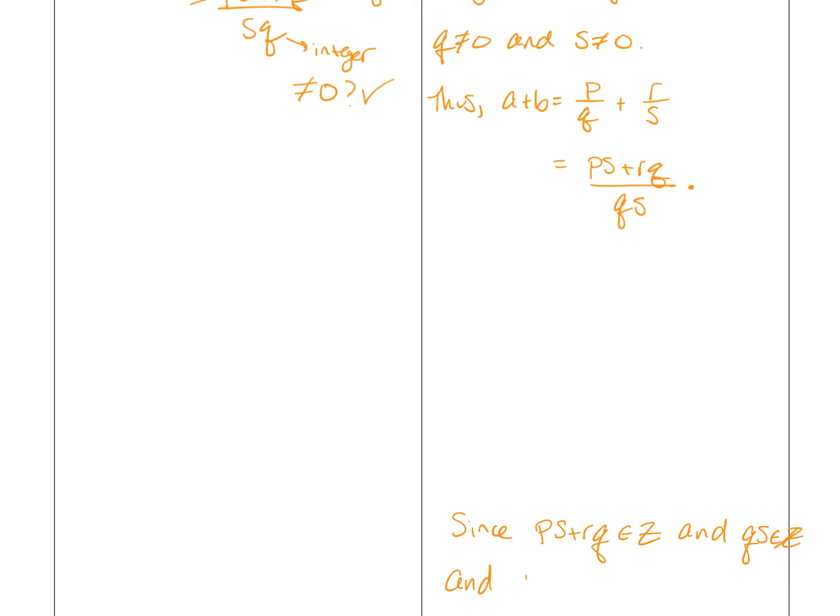And we know qs is not zero by the zero product property, right, because we know neither q nor s is zero. We assumed that earlier in our proof. Neither q nor s is zero, so q times s can't be zero by the zero product property. So since we have an integer on top, an integer on the bottom that's not zero, a plus b is rational.